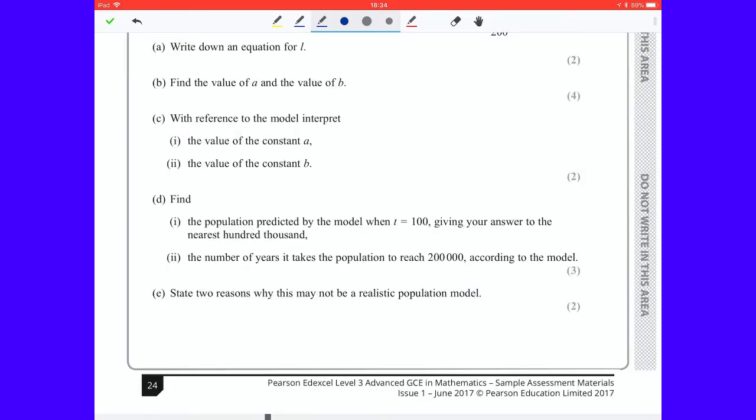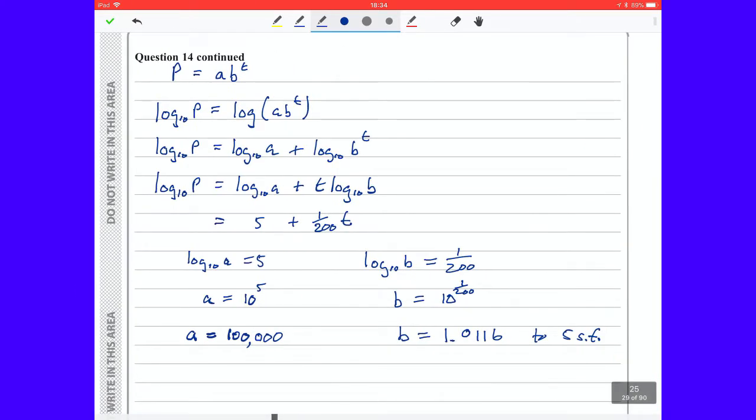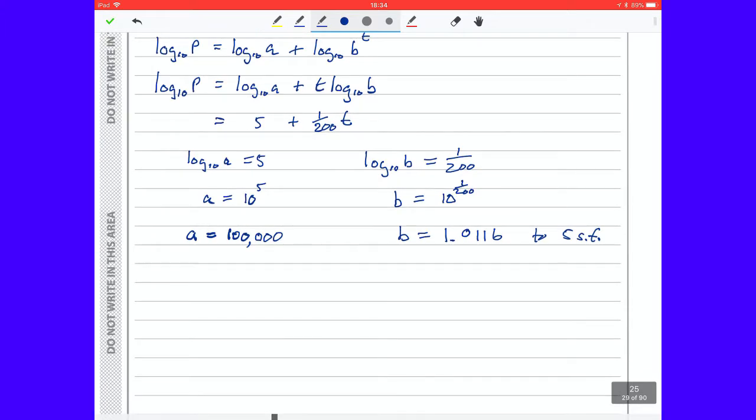Part C, with reference to the model, interpret the value of the constant A and the value of the constant B. Well, let's rewrite our relationship now that we know what A and B actually are.